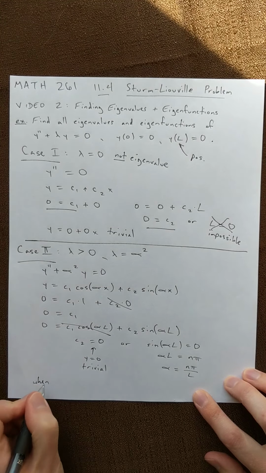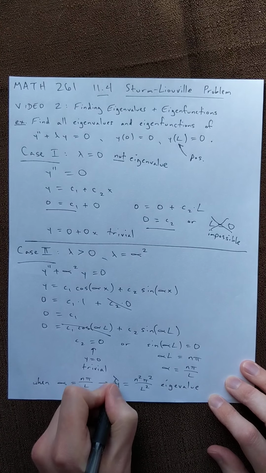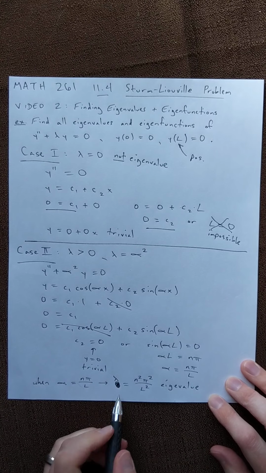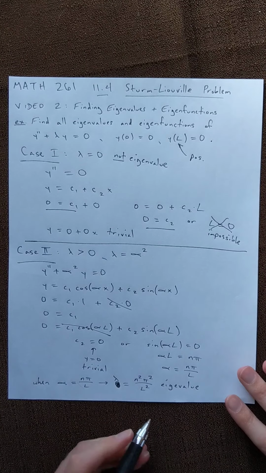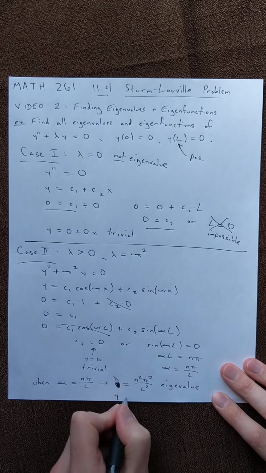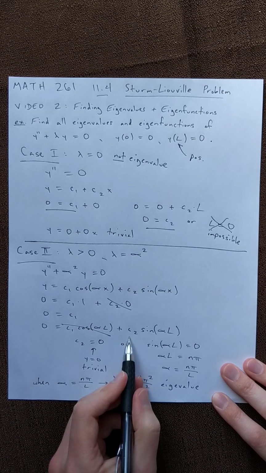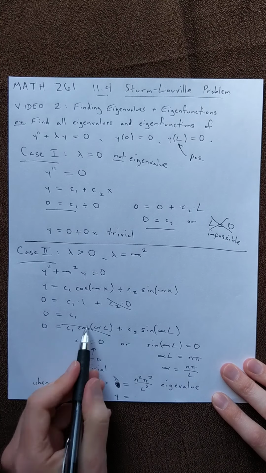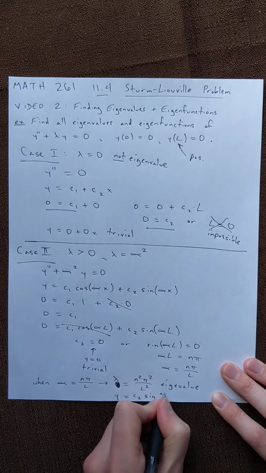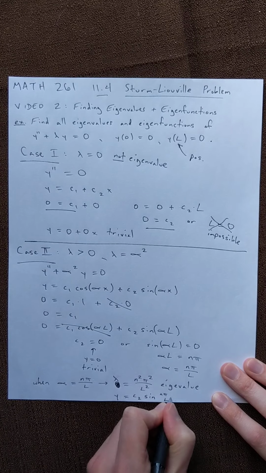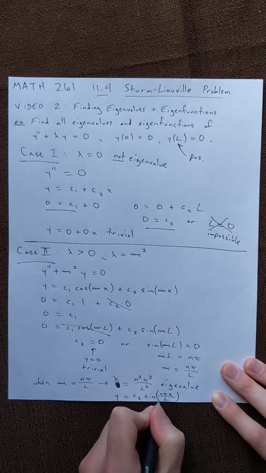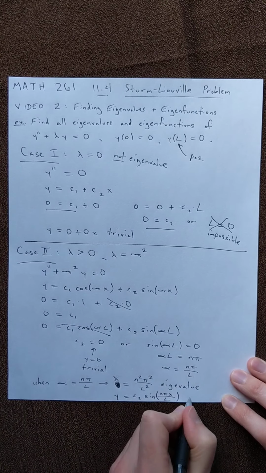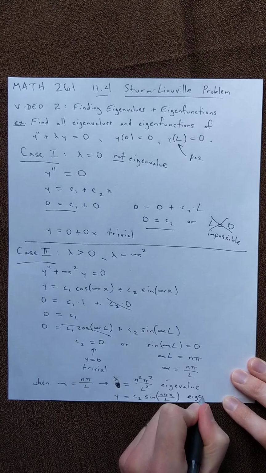This is a value of lambda that gives us a non-trivial solution, and the corresponding y is going to be, let's see, we said c1 is 0, and so we end up getting c2 times the sine of alpha, which is n pi over L, multiplied by x. This is our corresponding eigenfunction.